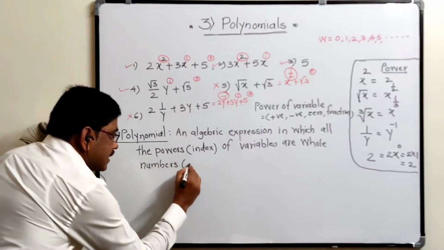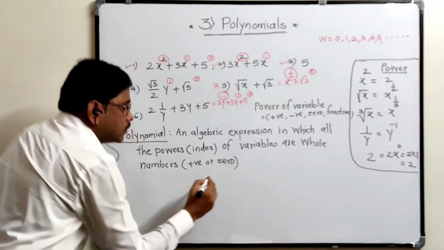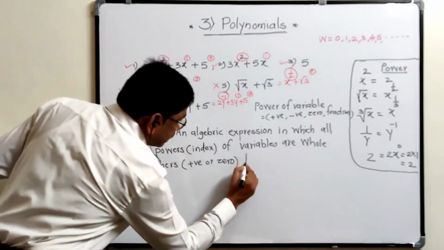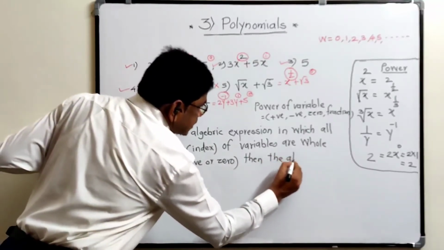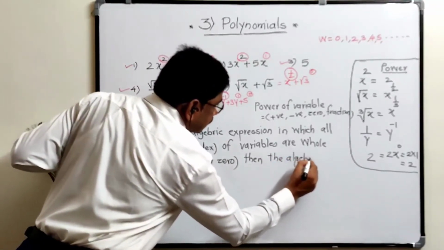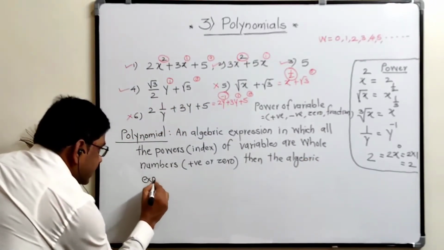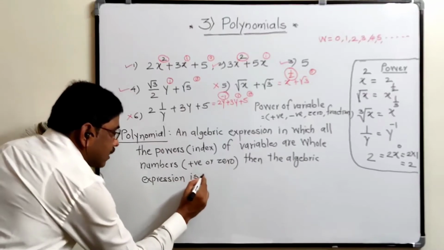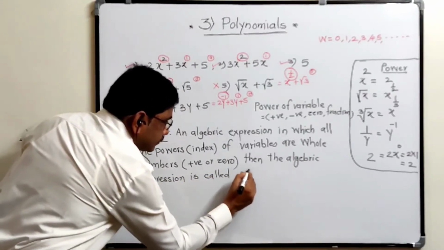Whole numbers means either positive or 0. The number is either positive or 0. Then the algebraic expression is called polynomial.